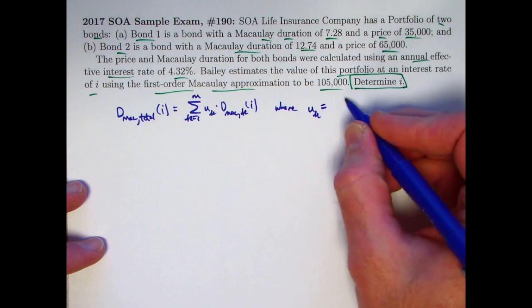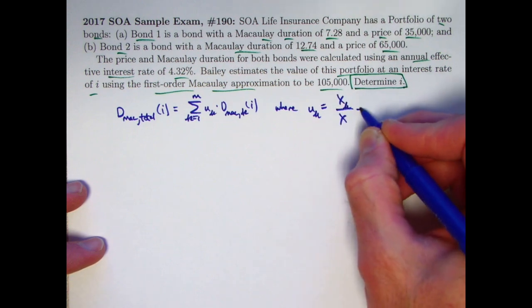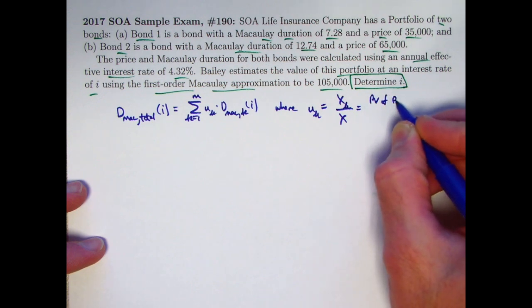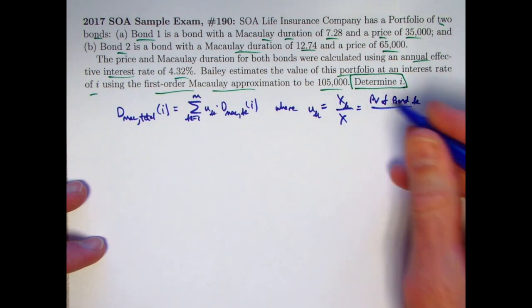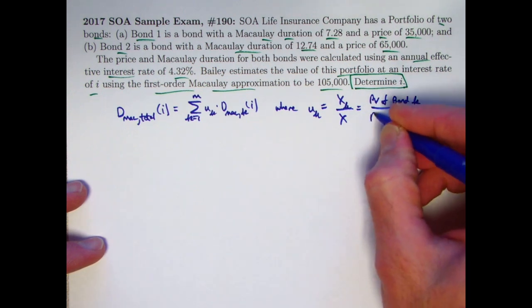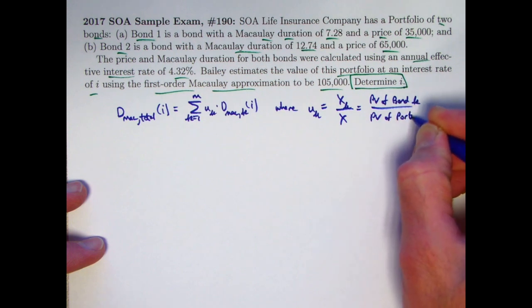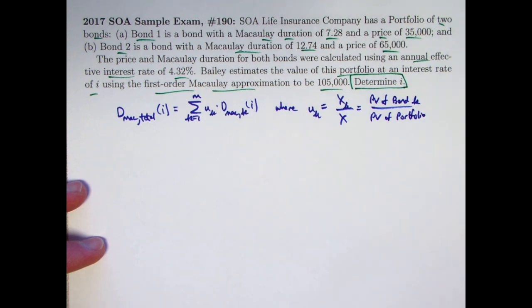This weight, UK, is determined by doing the ratio XK divided by X, where XK is the present value of, I'm going to just call it a bond here, bond K, or in general investment K, and X is the present value of the portfolio. Pretending it's a portfolio of bonds, it would be M bonds. We're going to apply this in this situation where M is 2.